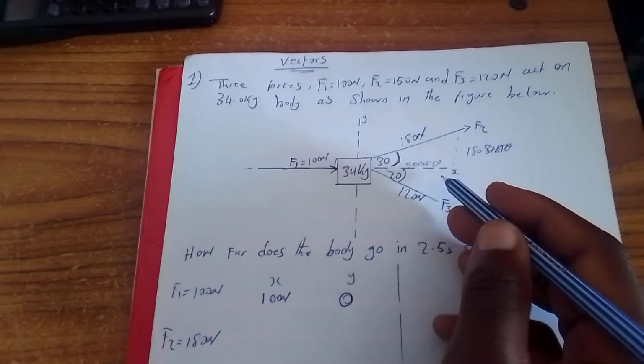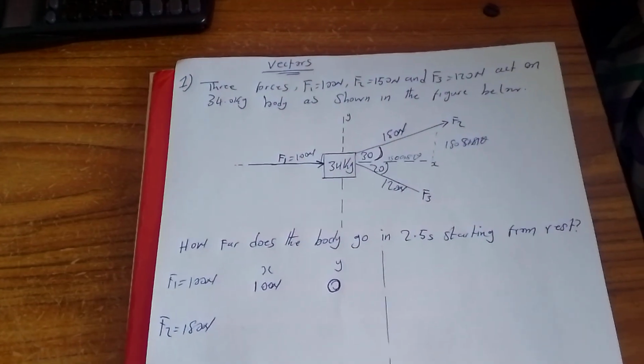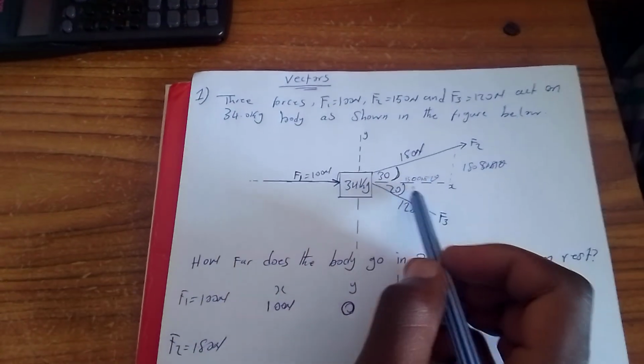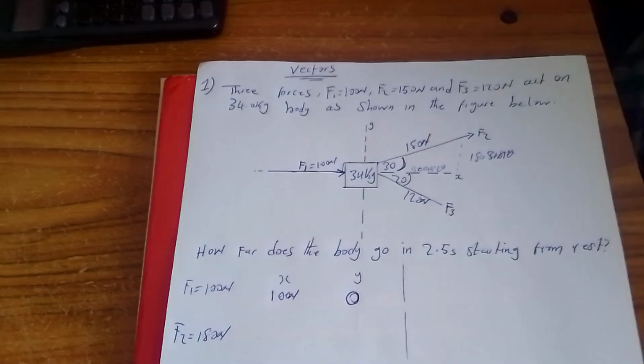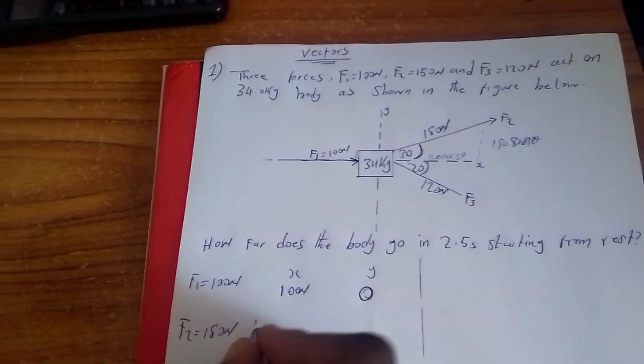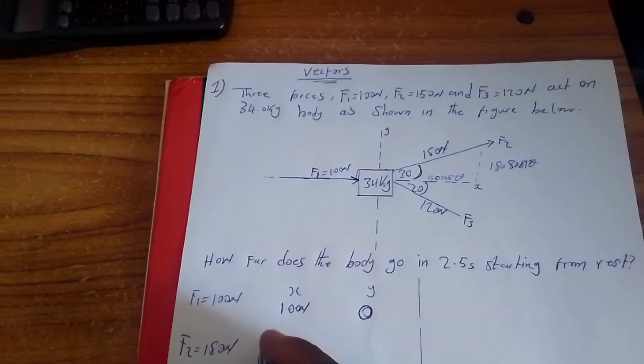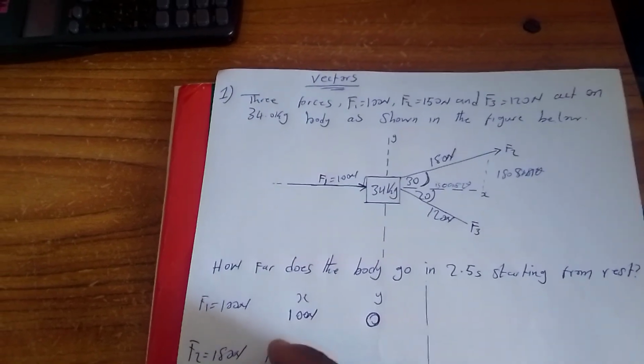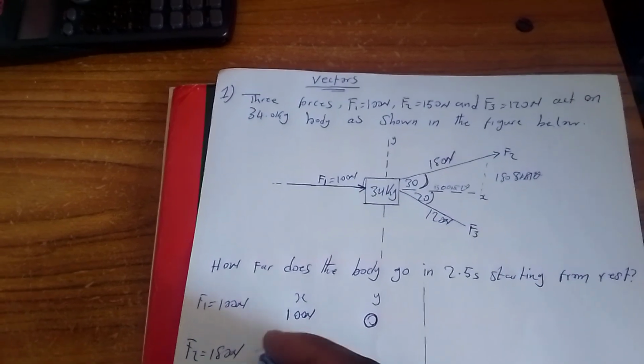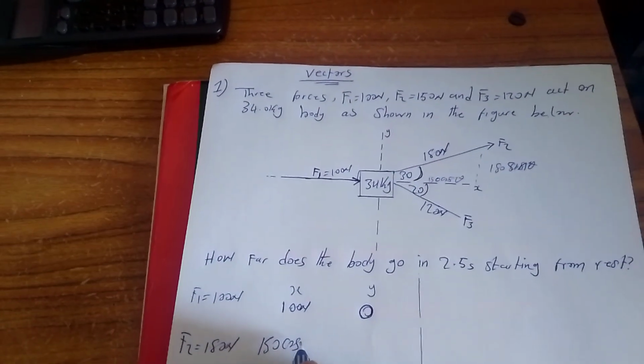When we resolve it again, here it will be cos, here it will be sine. So in the simplest way, you can just write 150 cos the angle that has been given.